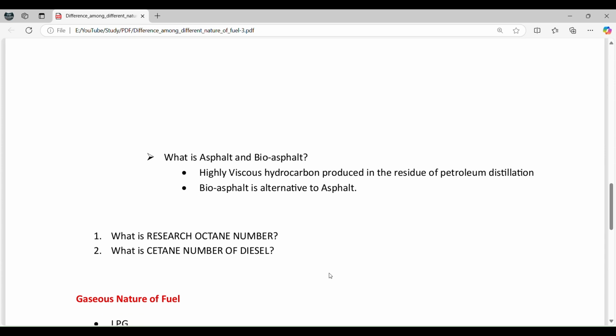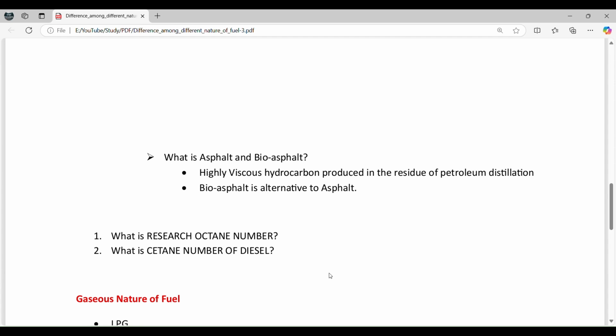Coming to what is asphalt and bioasphalt. Asphalt is a highly viscous hydrocarbon produced in the residue of the petroleum distillation. And bioasphalt is an alternative to the asphalt made from non-petroleum based renewable sources.